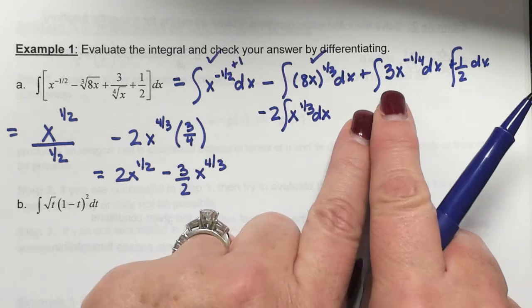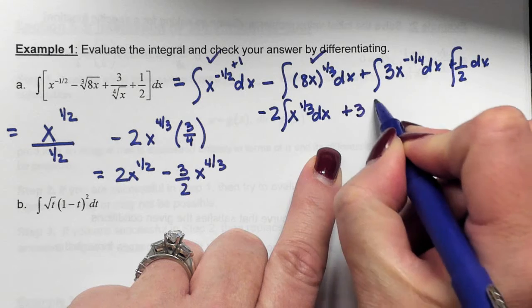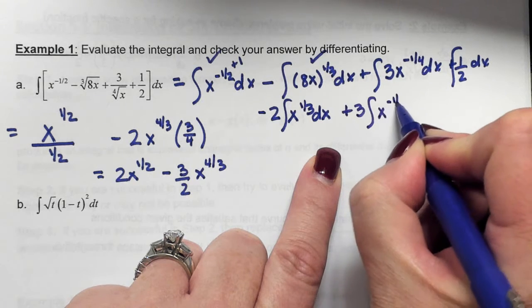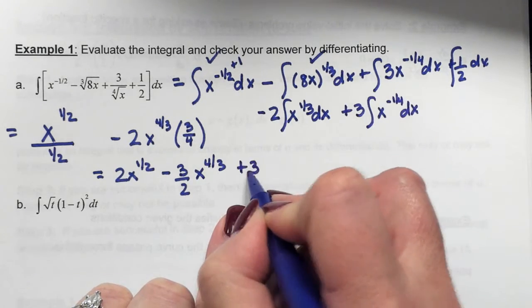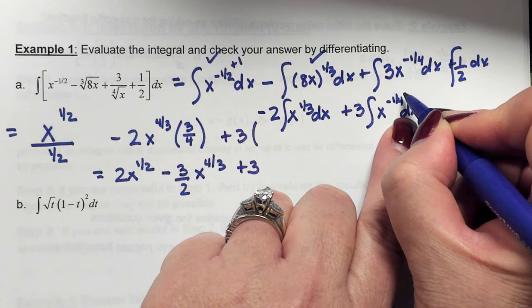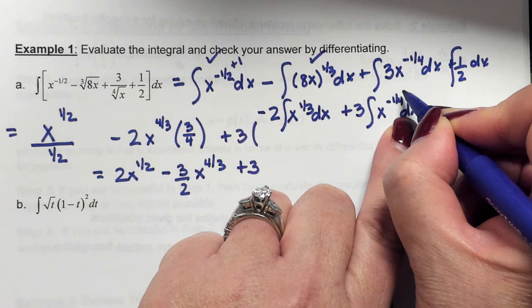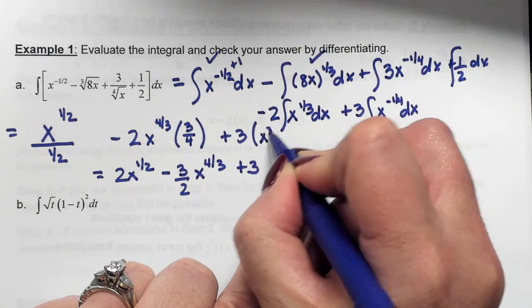So now when I do plus 3x to the negative 1/4, again, I can pull that constant out and integrate x to the negative 1/4 dx. So plus 3 times, again, I need to add 1 to negative 1/4. What's 1 plus negative 1/4? 3/4. That's going to give me a 3x to the 3/4.